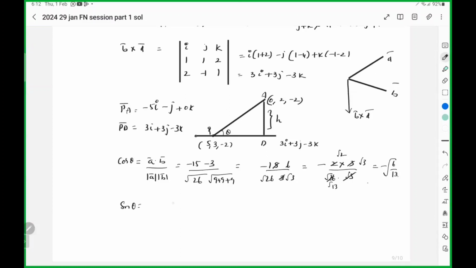Sin theta will be root 7 by something, which is nothing but h by AP length. AP length is, what is AP vector? Root 25 plus 1, so root 13 root 2. Times h will be root 4.